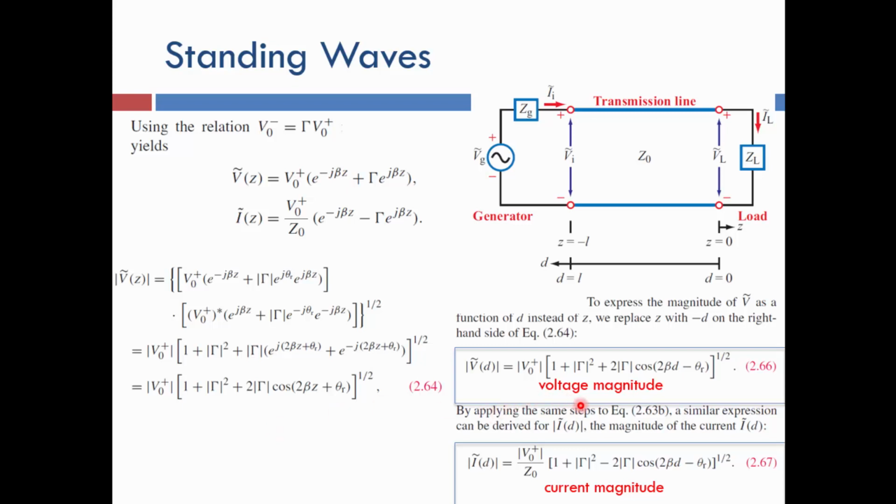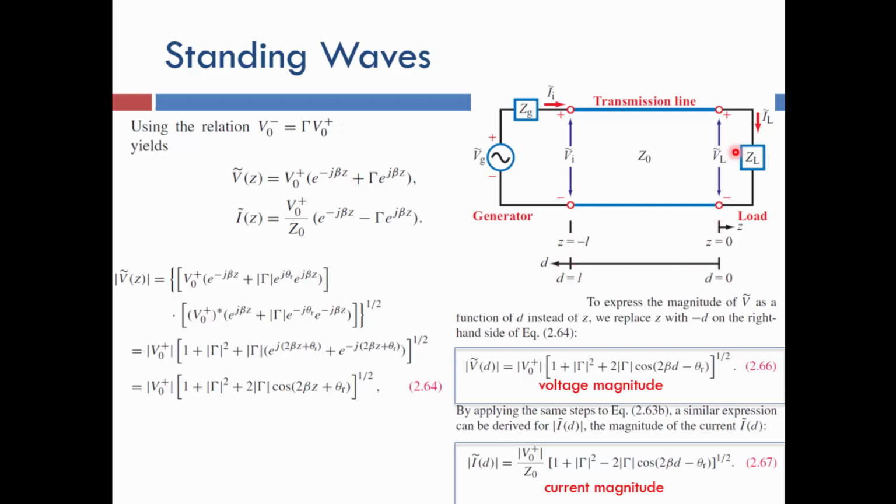So this is the voltage magnitude and this is the current one. Definitely, this equation is the same as that one; we just replace z, which represents a specific position along the transmission line, with d or minus d.